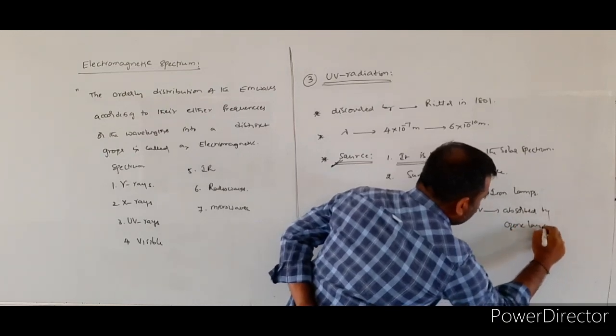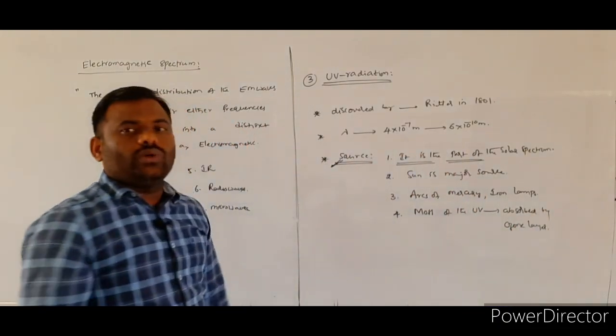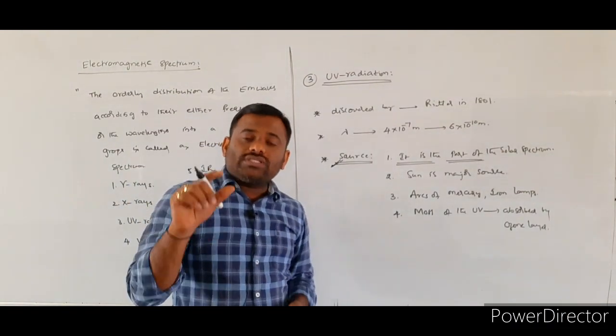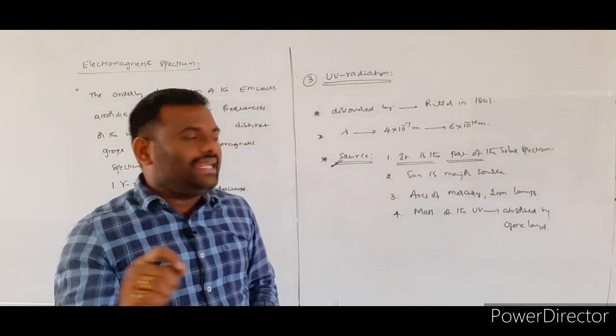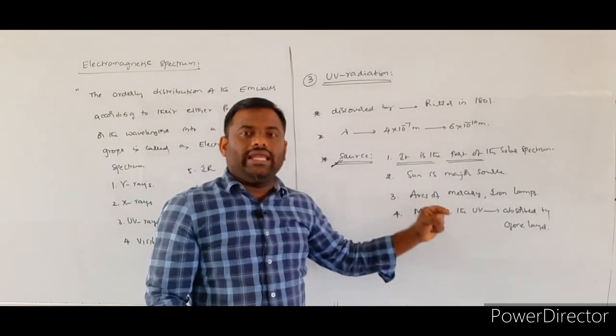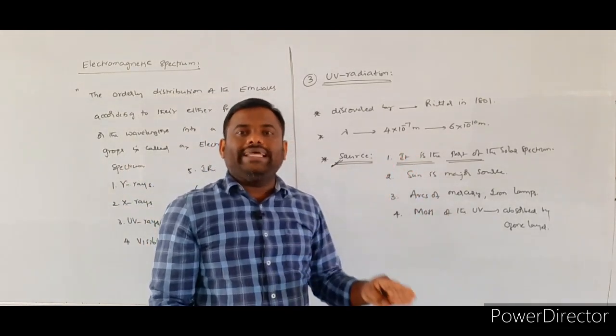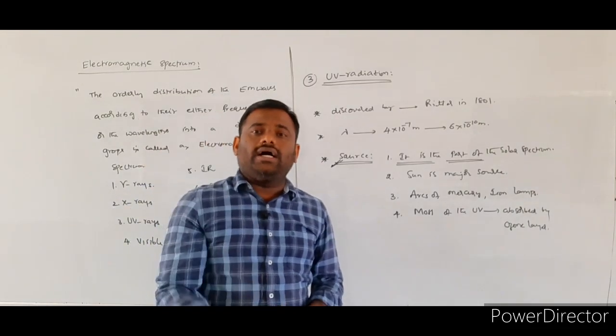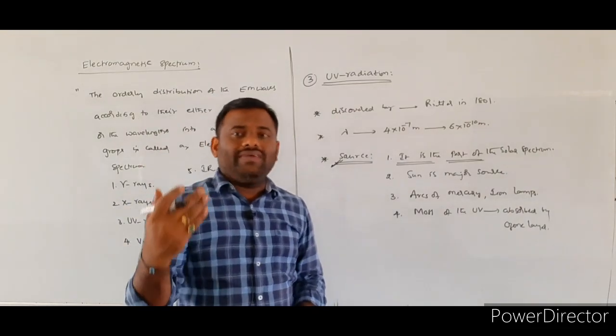The ozone layer. If it is not absorbed by the ozone layer, that UV radiation will be directly incident on the human bodies and living animals.